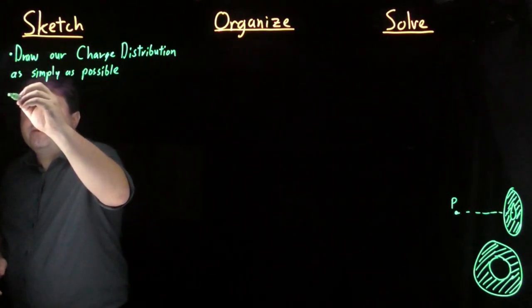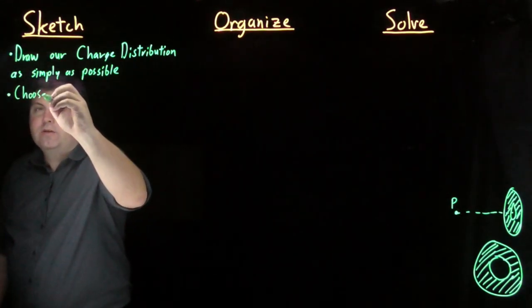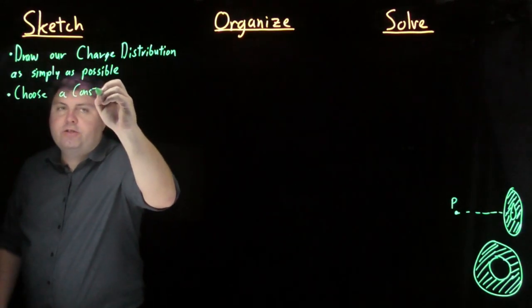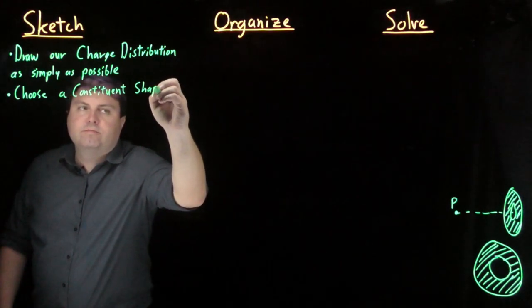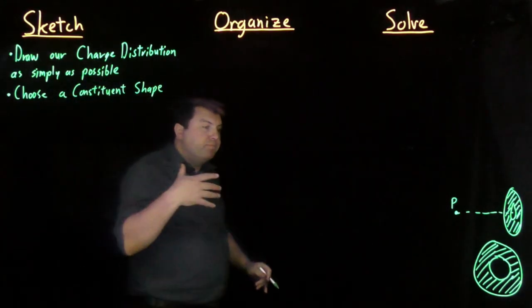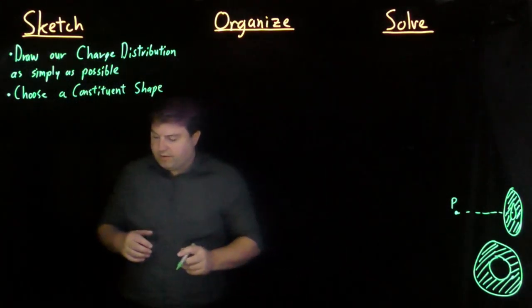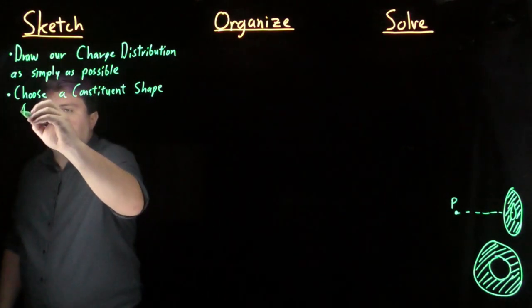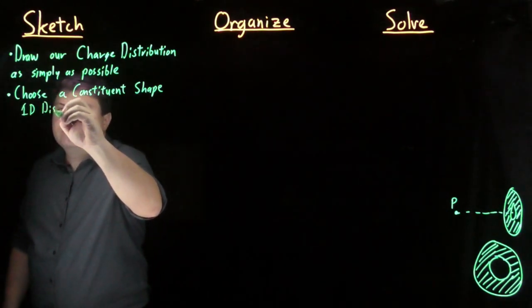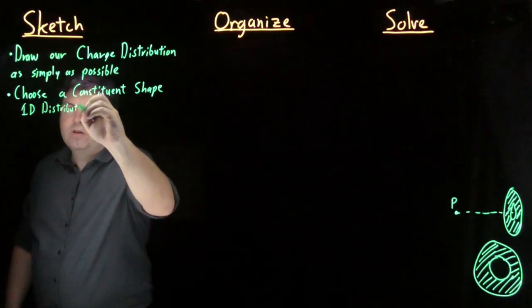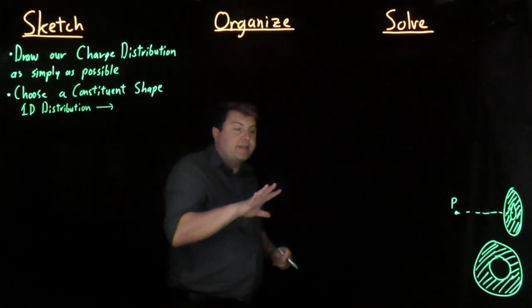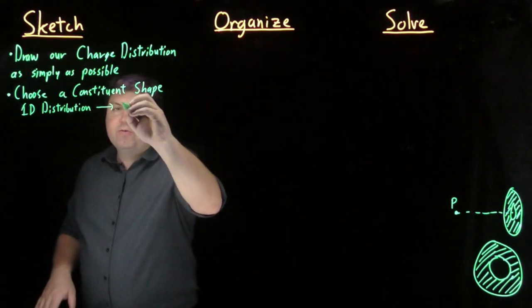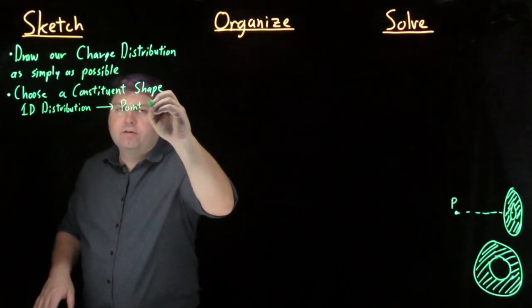And then what we want to do is choose a constituent shape. And this is what we're going to be building our disk out of. So if we have a 1-dimensional distribution, we want to make it out of objects 1 dimension less than our charge distribution, which would be point particles.